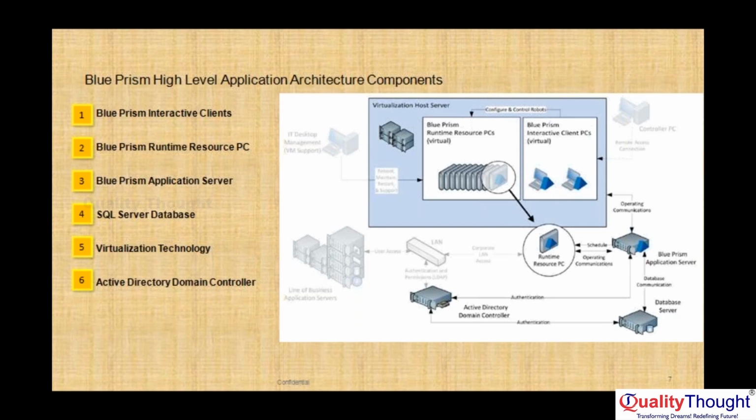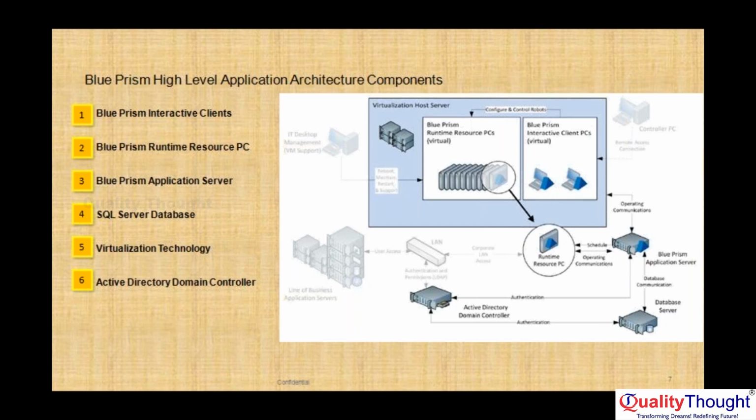And one more point here. See, I have 10 bots which are connected to one control room. Can I maintain 1000 bots on one control room? No, it affects your performance.